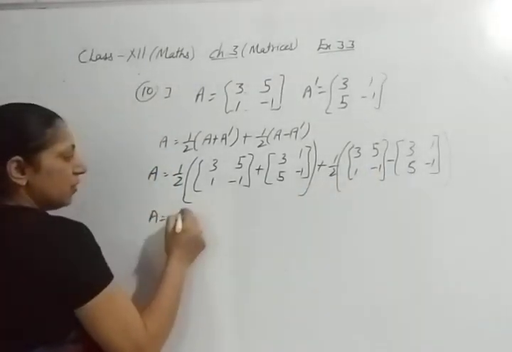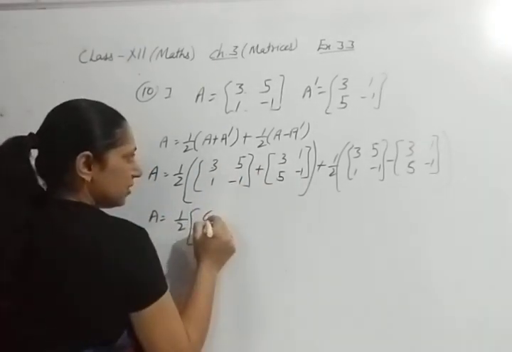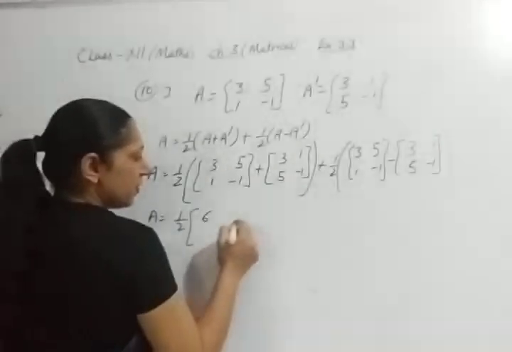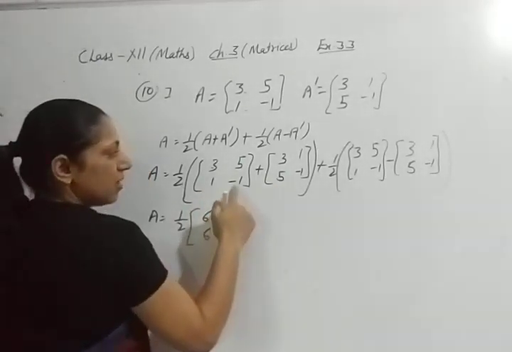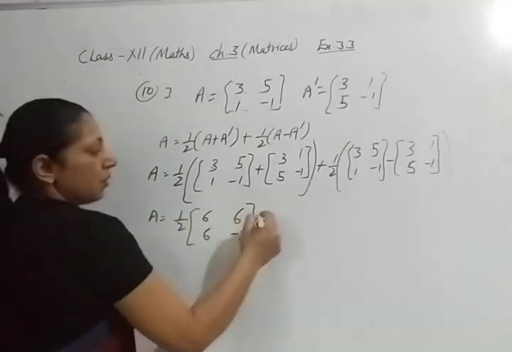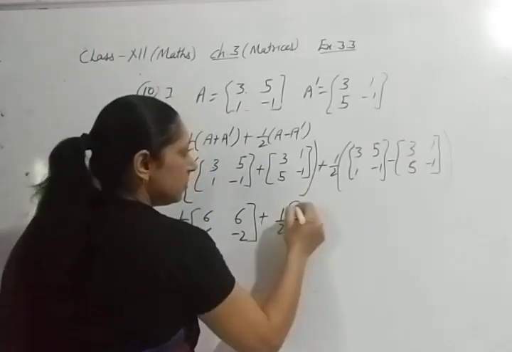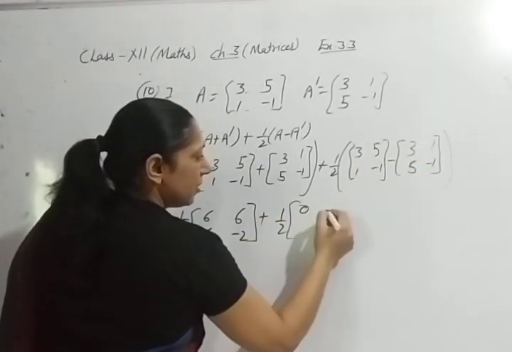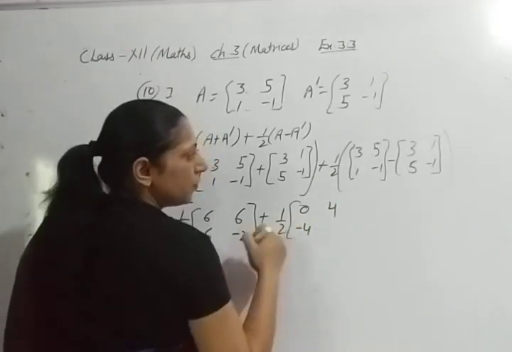So A is equal to half of 3 plus 3, 6, 5 plus 1, 6, 1 plus 5, 6, minus 1 minus 1, minus 2. Plus half of 3 minus 3, 0. 5 minus 1, 4. 1 minus 5, minus 4.